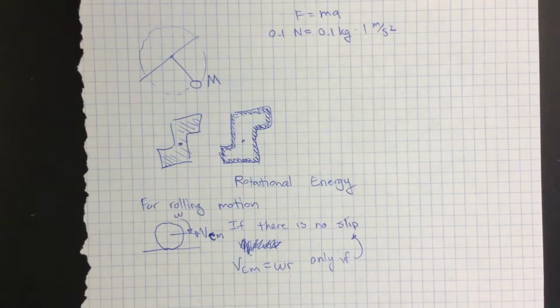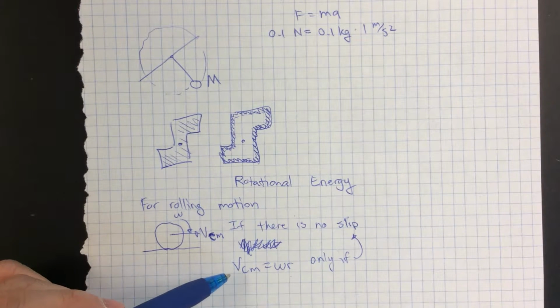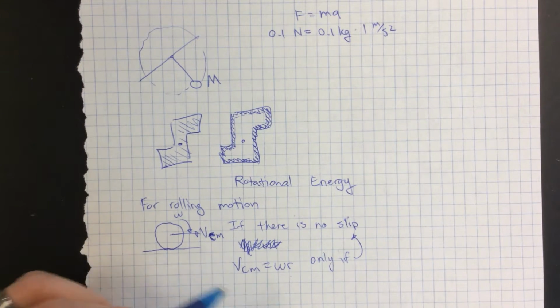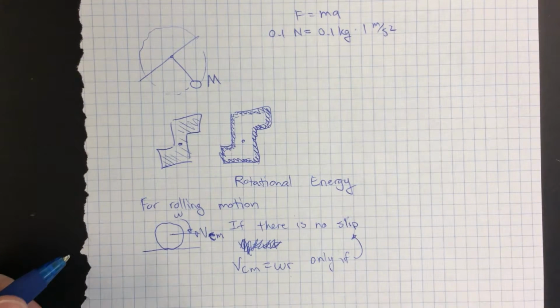If it starts to slip, it's really hard to know how fast it's spinning and how fast it's moving translationally. If it's not slipping, then this relationship is exactly true. And again, I'm going to skip the derivation of it. You just need to know that that's true.